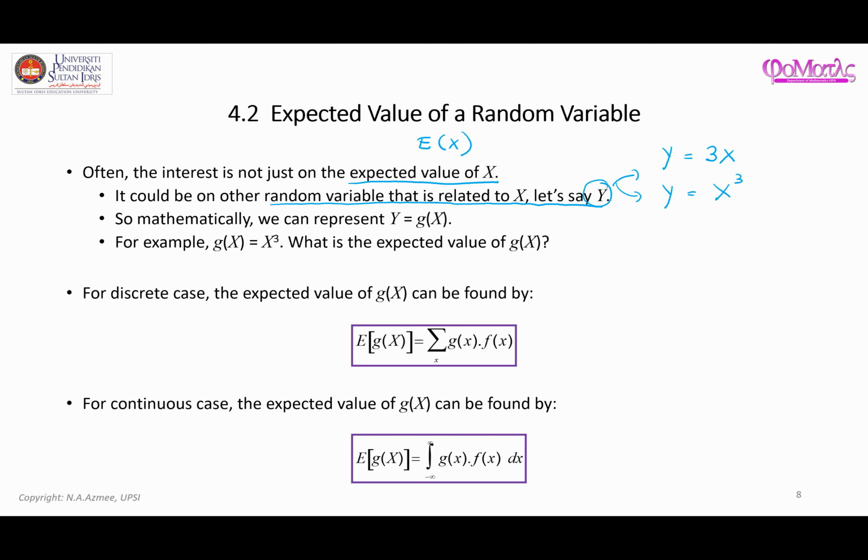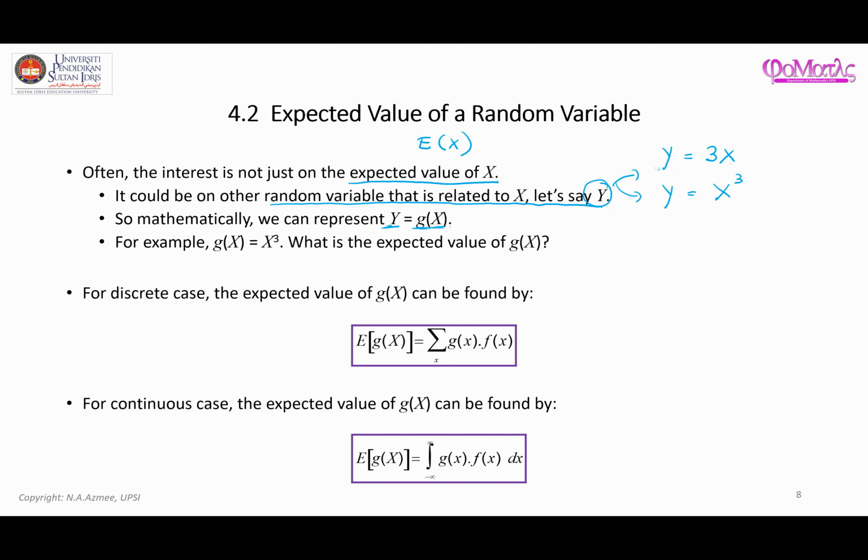We can call it Y, where Y is related to or depending on X. In order to make it more general, we can represent Y as a function that depends on X. So we call it g(X).